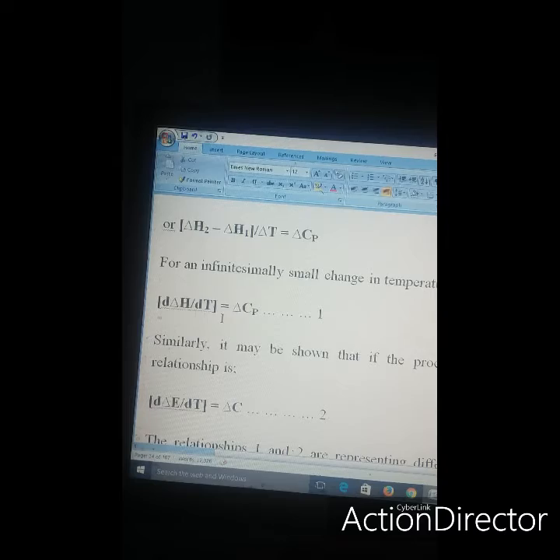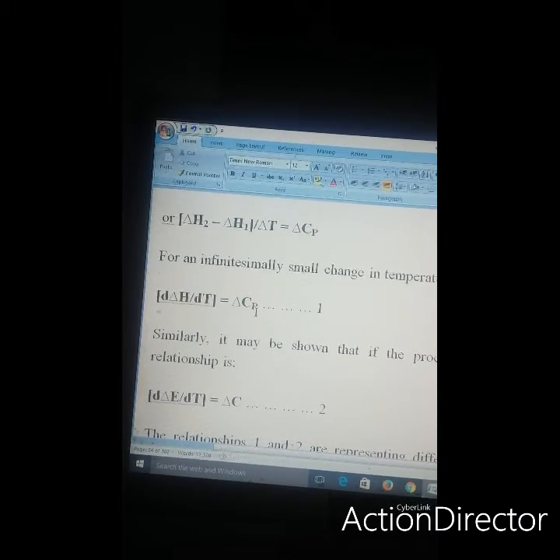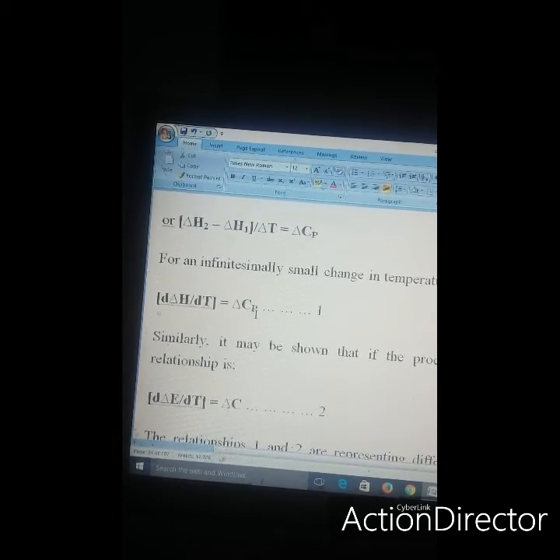So for a small change in temperature, it will be denoted by this.